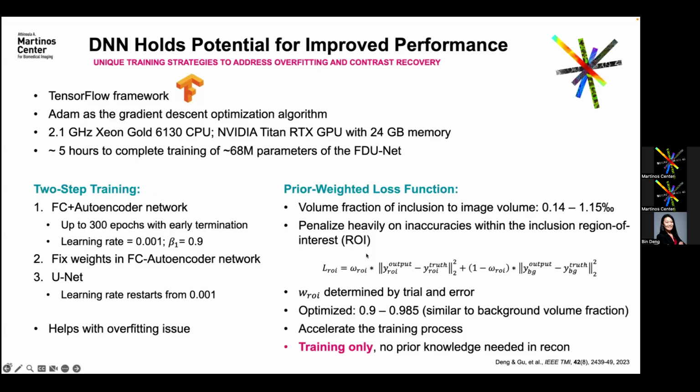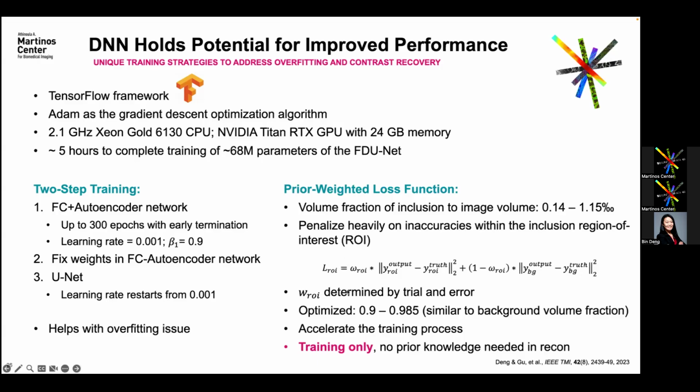The only thing I want to point out is that we didn't use a traditional L1 or L2 loss. Instead, we use a prior weighted loss function. How it works is we know where the inclusion is, the location and the size, and when we calculate loss, we put a weight on the inclusion.